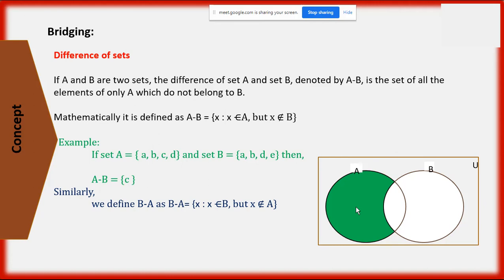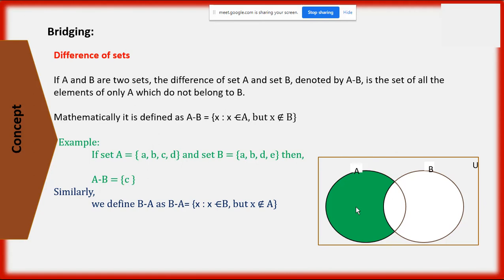Now this is set A. Everybody got it? If yes, you can write yes. Set A. If it is interesting, let me know. Now set B, dear students. If it is interesting, please mention it. Okay, set B. You can see A intersection B. Now A union B, you can see from the Venn diagram.